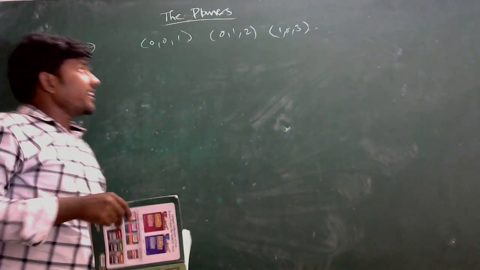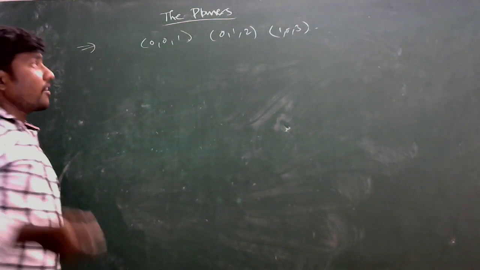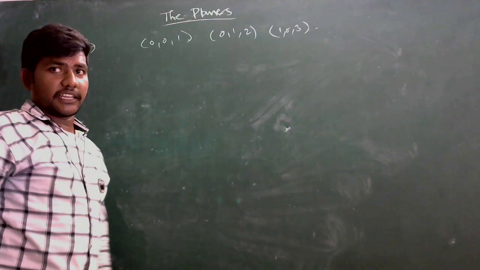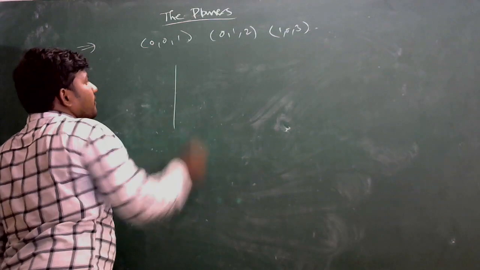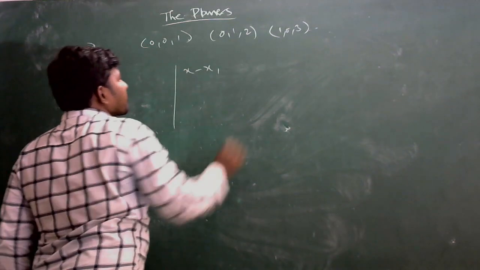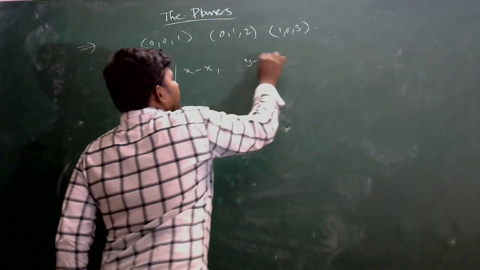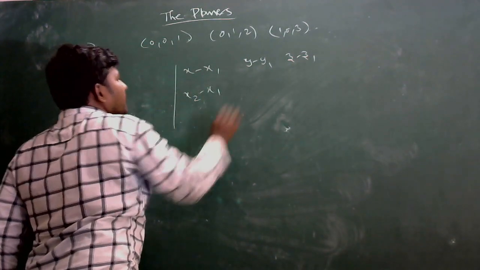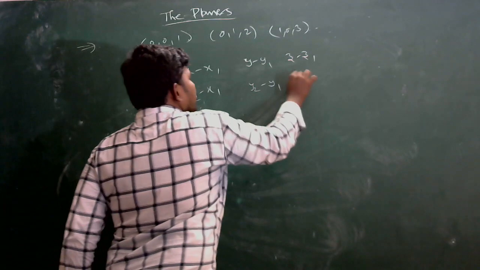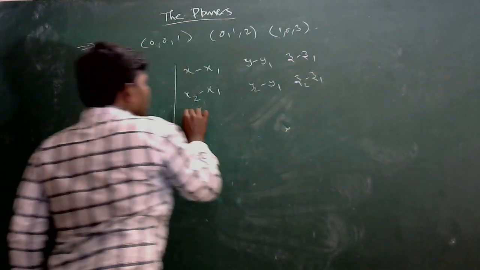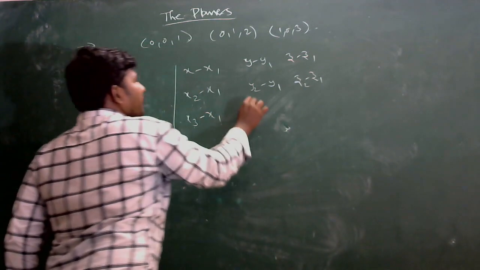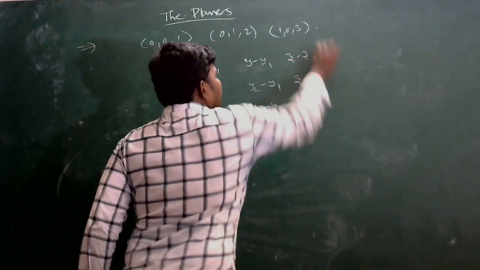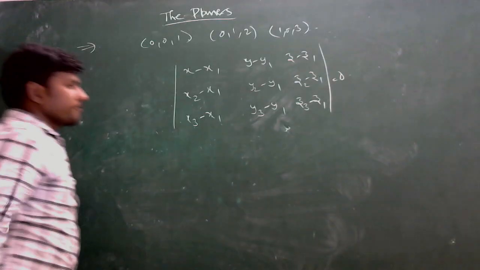First of all, let us find the equation of the plane passing through the three points x1, y1, z1, x2, y2, z2, x3, y3, z3. It is the determinant with rows x minus x1, y minus y1, z minus z1; x2 minus x1, y2 minus y1, z2 minus z1; x3 minus x1, y3 minus y1, z3 minus z1; equal to 0.